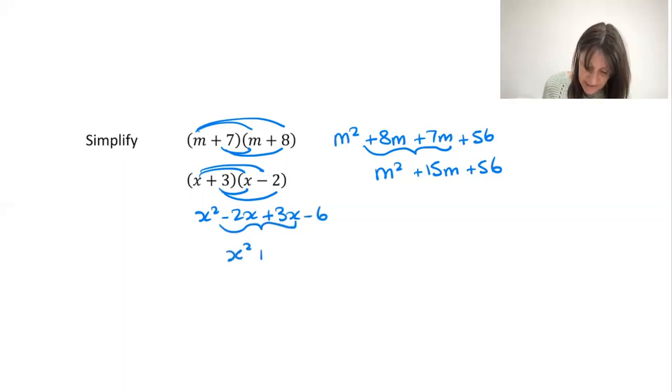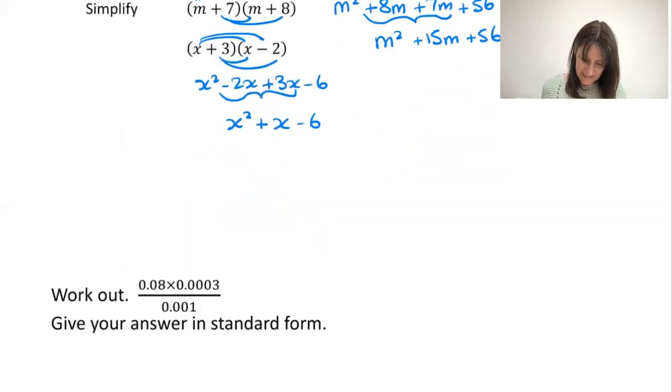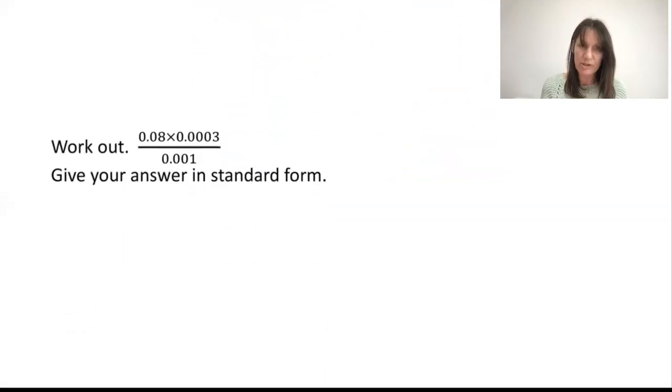Minus 2 plus 3 will take me to positive 1. So I've got 1x. If you've put the 1 in, it's fine. Don't think you're wrong or you're going to lose marks because you're not. It's just that a single x on its own is 1x and we just don't show the 1, do we? All right, so that is the crab's claw done.